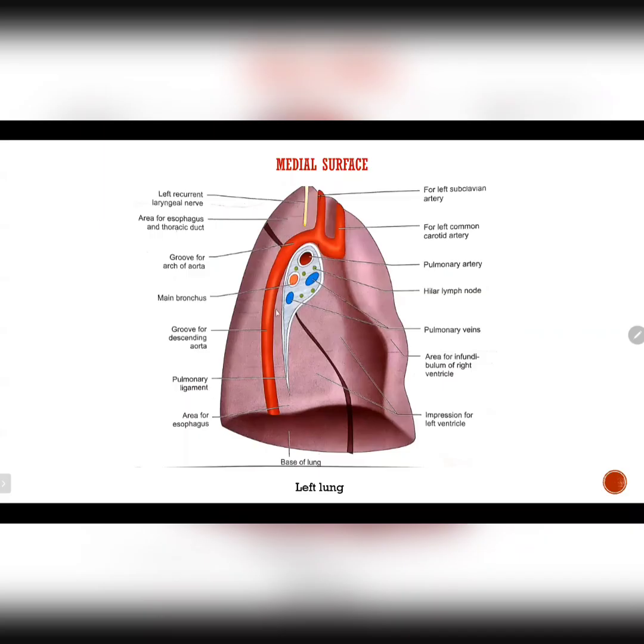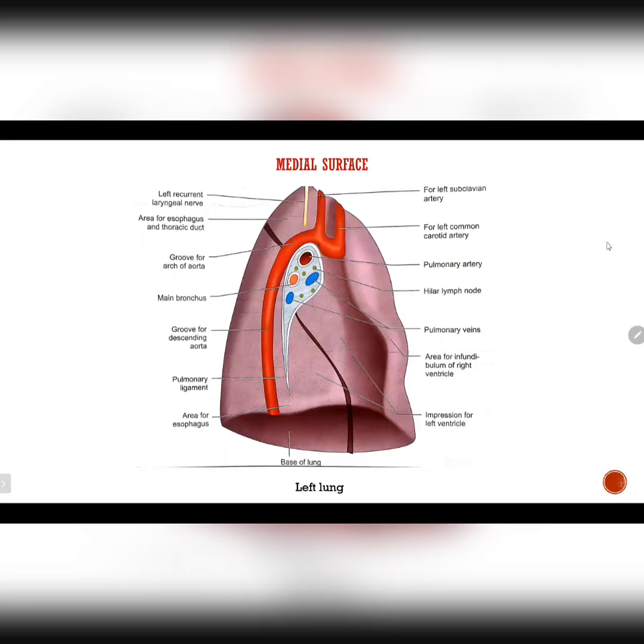The area for esophagus will also extend downwards vertically. This region is the relation to the heart. Here is an area for left ventricle, and this is an area for infundibulum of right ventricle. I think in your textbook, it will also be mentioned a small area for the left atrium. So you can learn that accordingly.